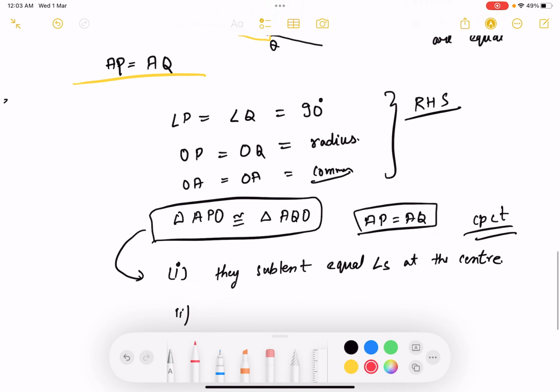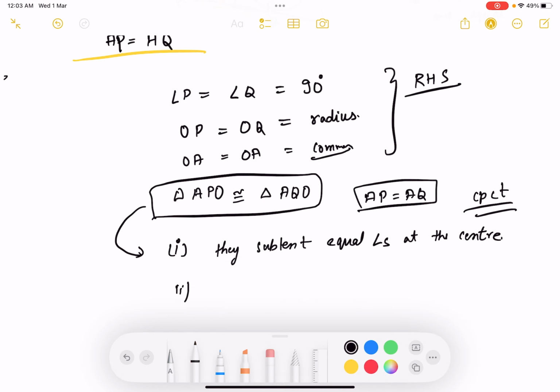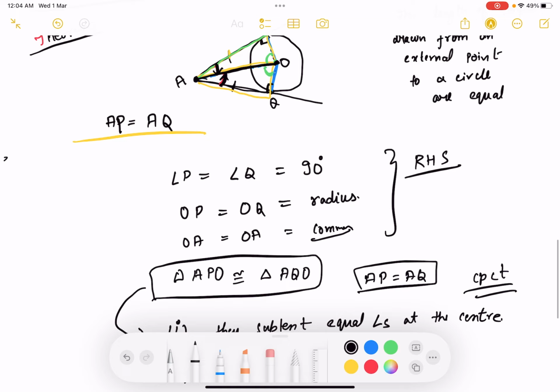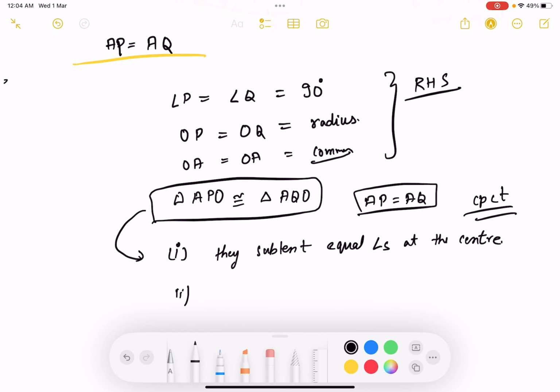So the second thing is that they are equally inclined. This angle is called inclination. So we can say that they are equally inclined to the line segment joining the point to the center of the circle. So these two tangents are equally inclined. This angle is called inclination. Okay, so these two deductions we can make from the above theorem.